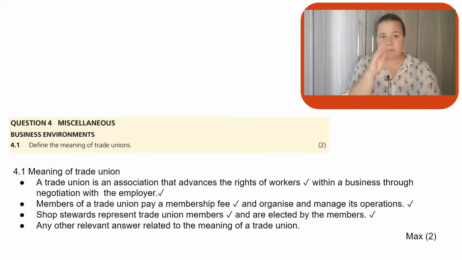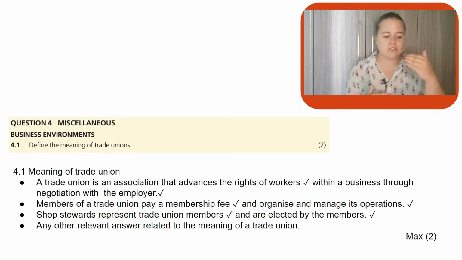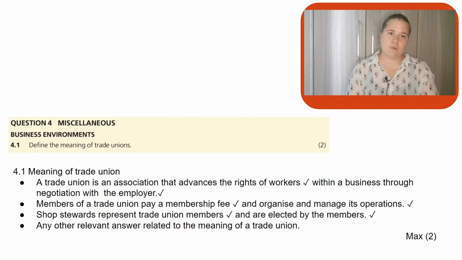Now, just be careful because I've seen this a lot with students. With trade unions, they like to write, trade unions are the voice for the employees. It's not in your notes, so therefore you can't write that. You can remember it, but try and remember that it's an association that advances the rights of the workers.